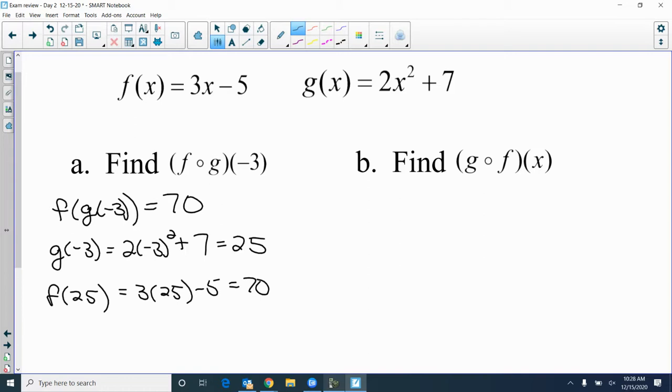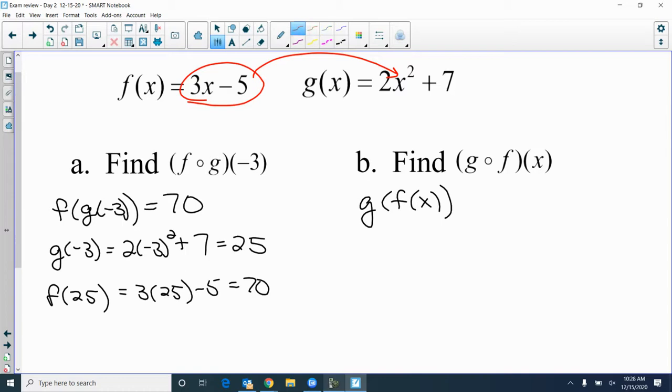All right, what's g of f of x look like? So g of f of x means you take the f function, the whole thing, and you plug it in for every x in the other function. In this case, there's only the one x. If there's more than one x, you'd have to go into each one.